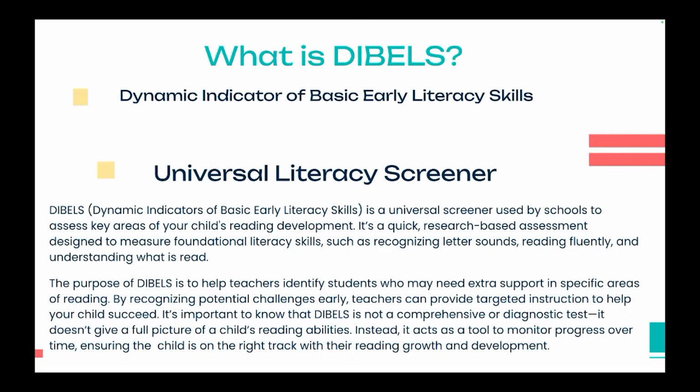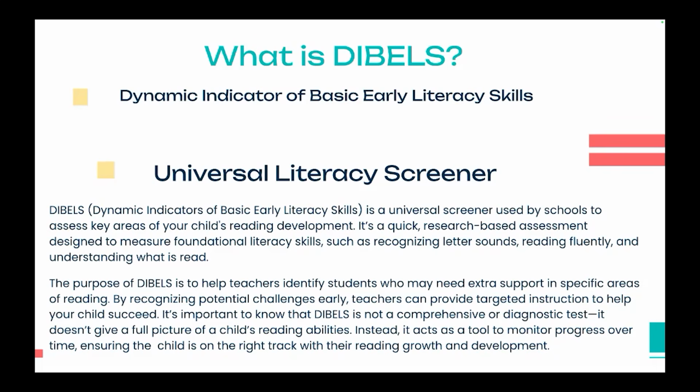DIBELS is a universal literacy screener, and it's used by schools to assess key areas of your child's reading development. It's a quick, research-based assessment, and it's designed to measure foundational literacy skills such as recognizing letter sounds, reading fluently, and understanding what is read.